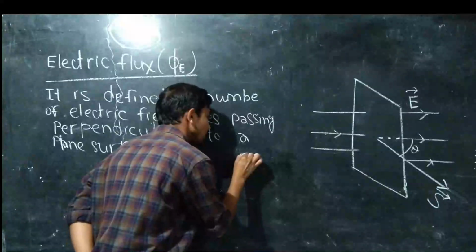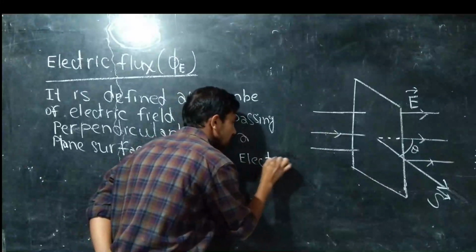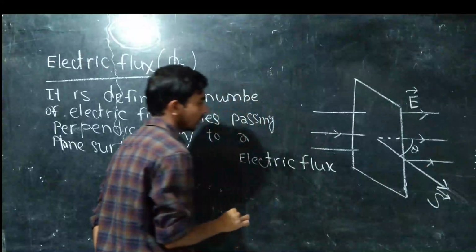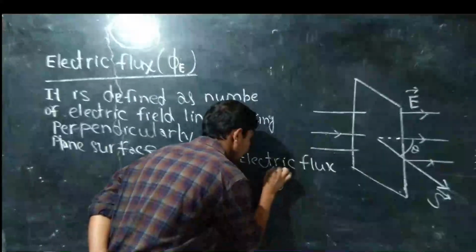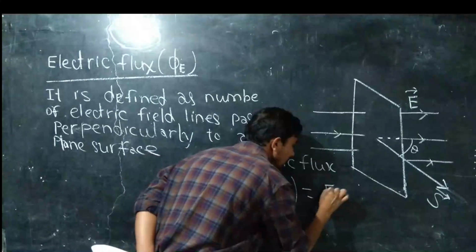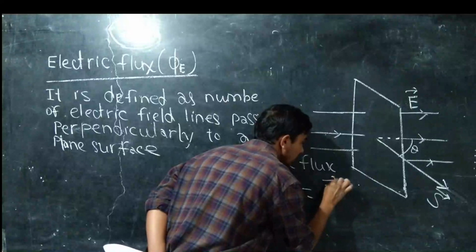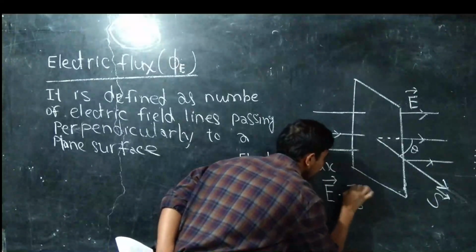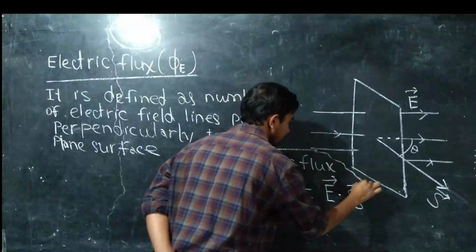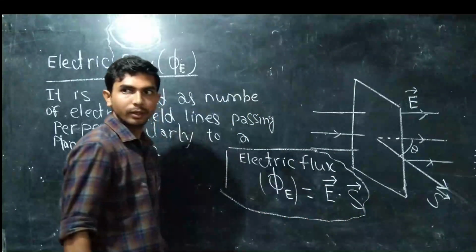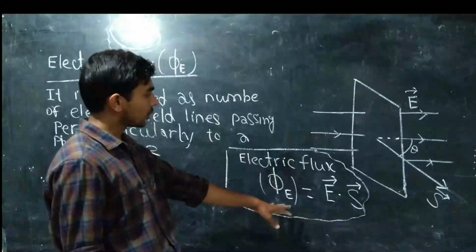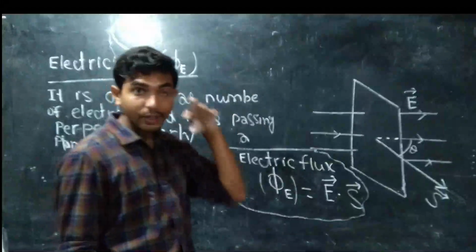Electric flux phi E is equal to E dot S, right? E dot S, okay?